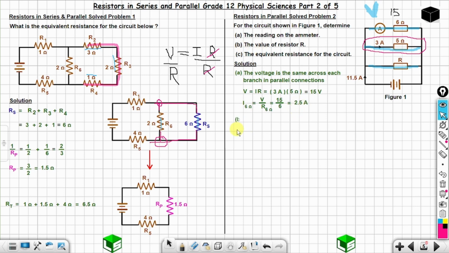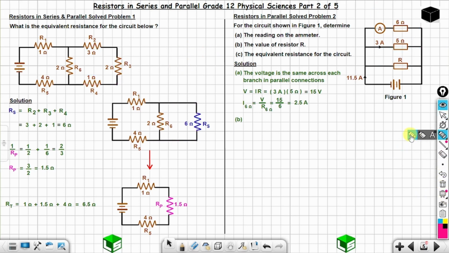Now question B, you need the value of resistor R. You can still use the same formula to find R. Now to find R, you need to divide by I, so that you have R. What you do on the right, you also do on the left.